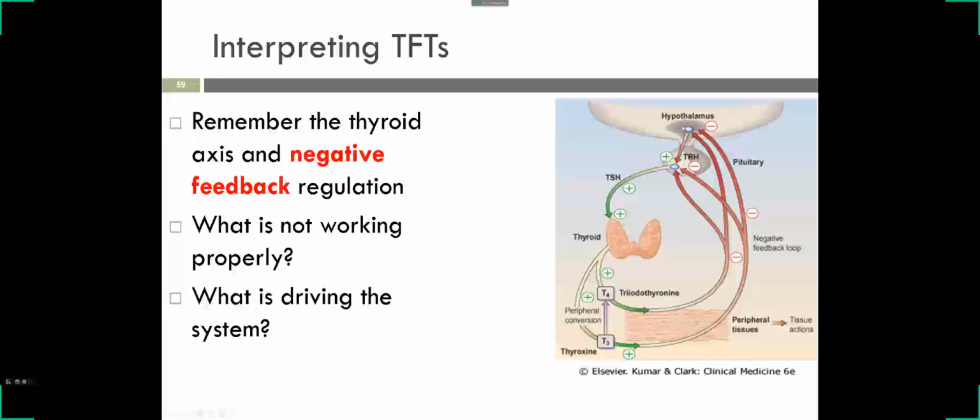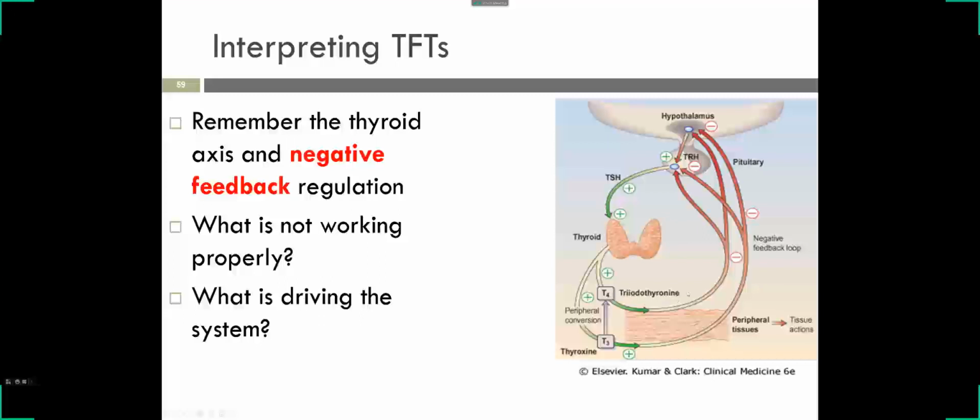So just as a quick reminder, the hypothalamus produces TRH, thyrotropin releasing hormone. The pituitary produces thyroid stimulating hormone, TSH. Both of these are positive regulators of production and release of T3 and T4.